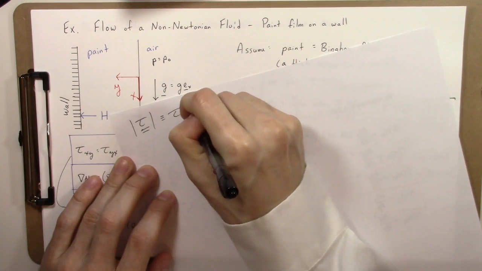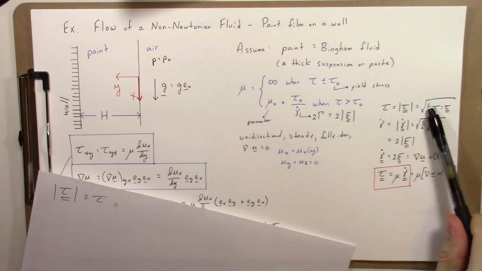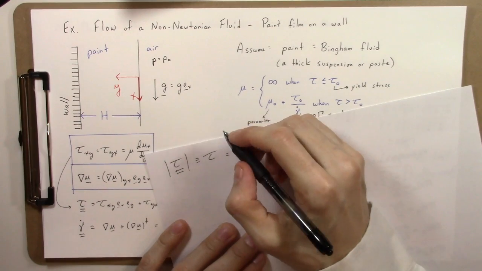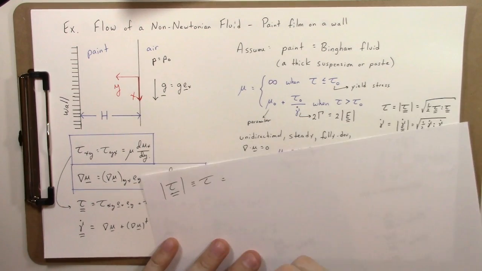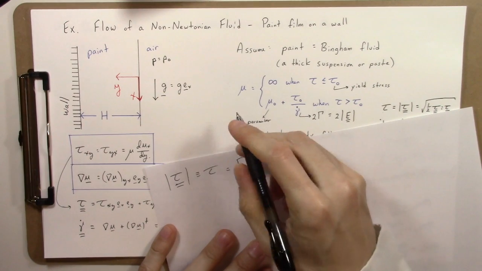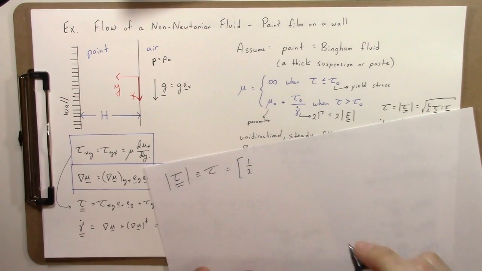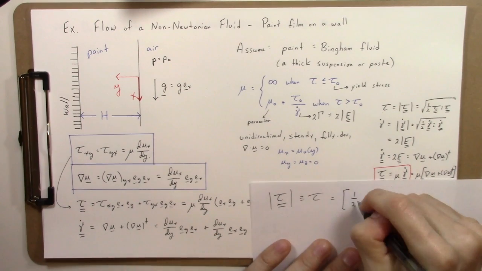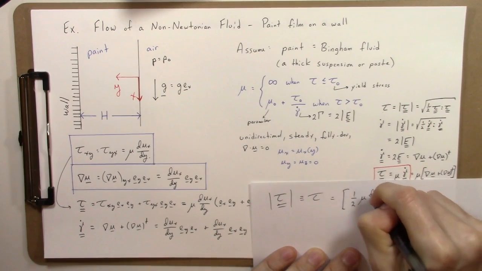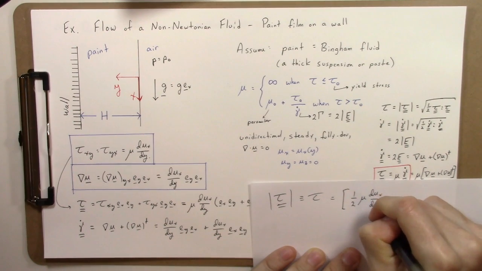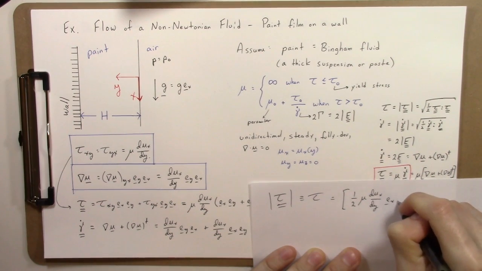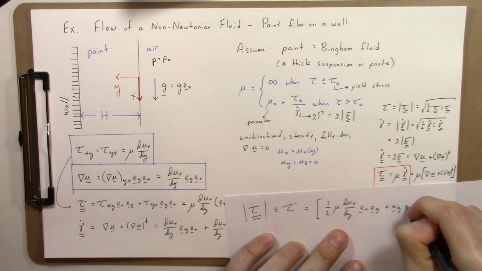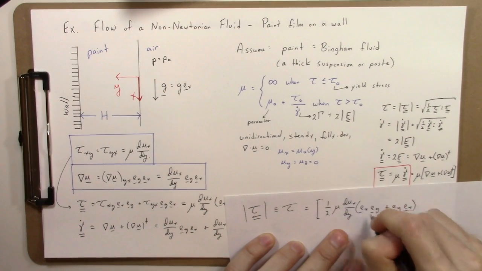If we want the magnitude of tau, which we call just scalar tau, it's the square root of 1/2 tau double dot tau. So we have the square root of 1/2, and we'll write tau and then take the double dot product with itself. So tau is mu dux dy ex ey plus ey ex.